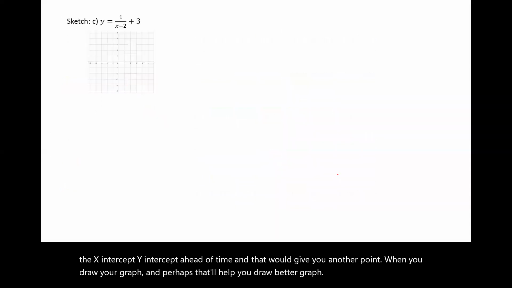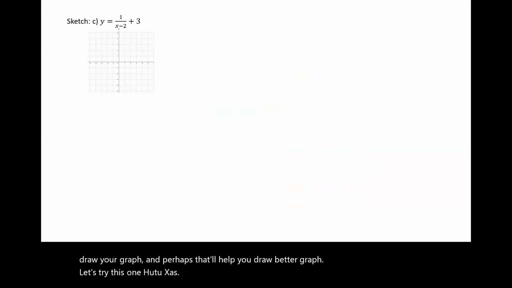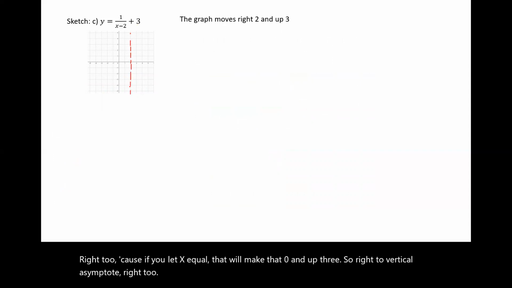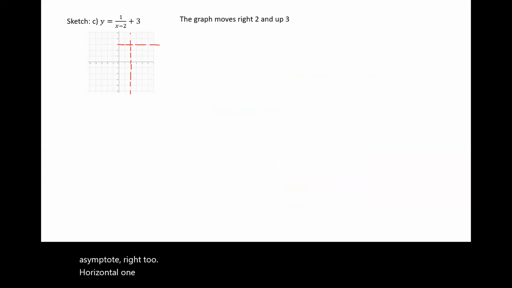Let's try this one. Ooh, 2 shifts. Right 2, because if you let x equal 2, that's what'll make that 0, and up 3. So right 2 for the vertical asymptote, and the horizontal asymptote is up 3. And then we're going to draw the exact same shape we've been drawing all along.